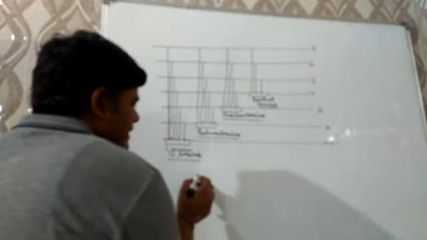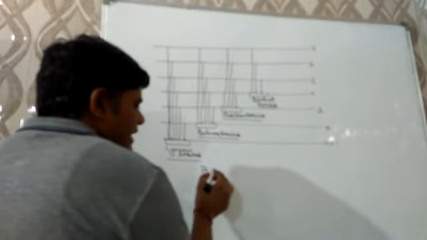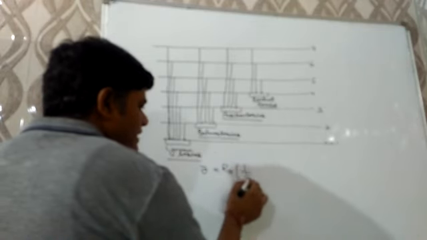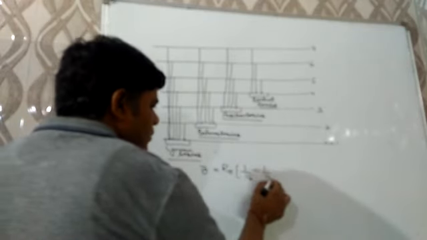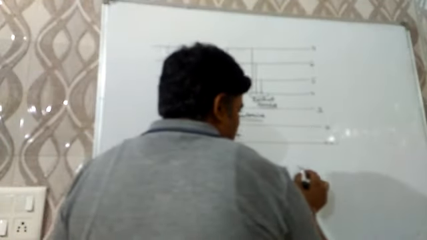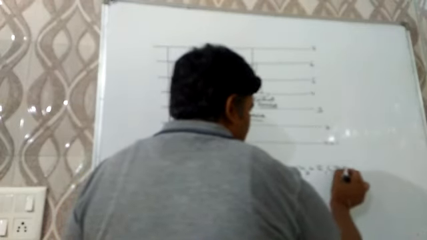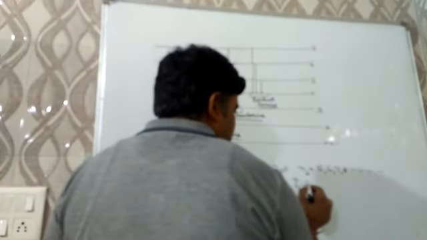For it, wave number will be equal to RH into 1 by 16 minus 1 by n2 square, into Z square, where n2 can be 5, 6, 7, 8, up in this way. It also lies in the infrared region.